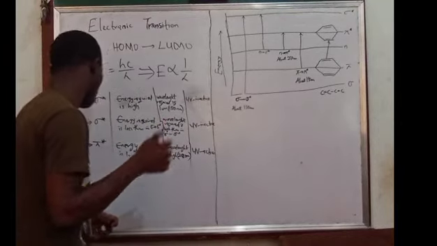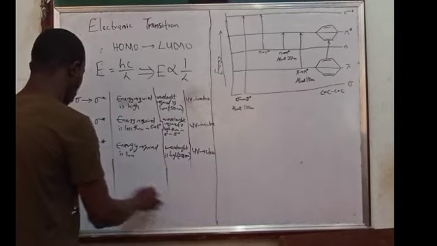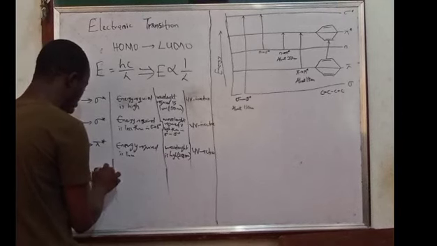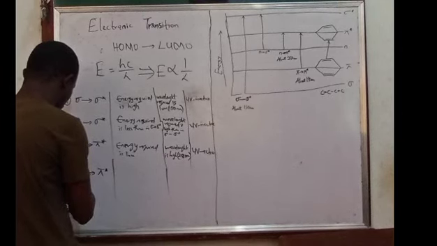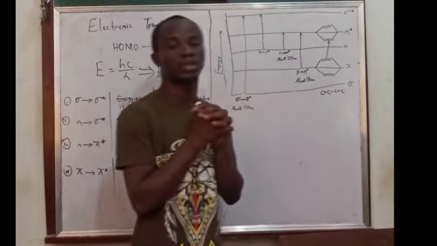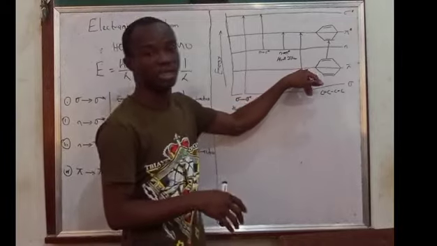Now another one that we also have is the pi to pi antibonding. The pi to pi antibonding transition is also shown in this diagram.